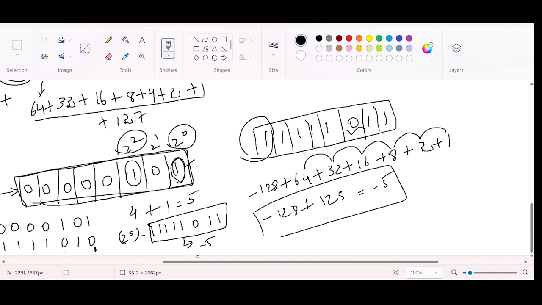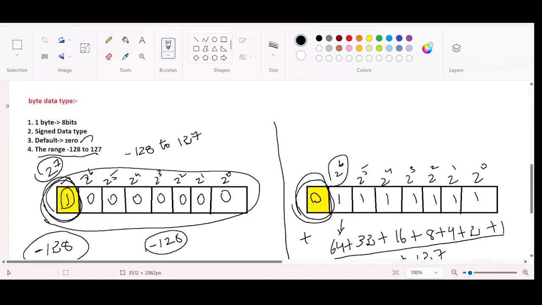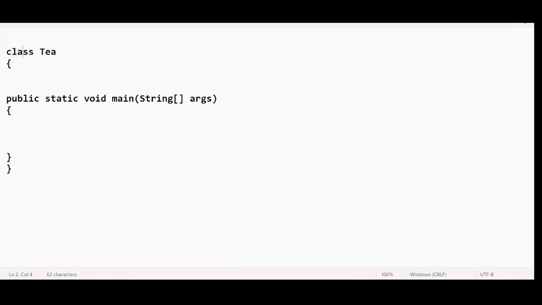Now the question is, what happens? Now we will see some problems. Let us take the same example, T example. I am trying to assign byte T equal to 127, and System.out.println.